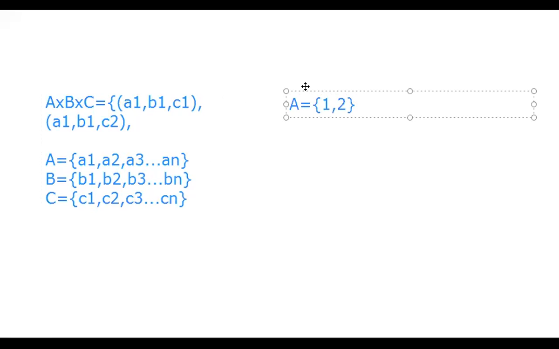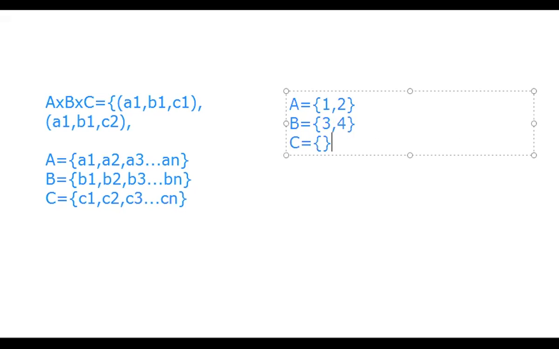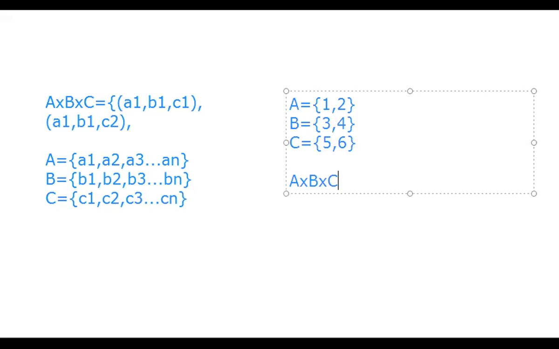Okay, B is set 3 4 आणि C is set 5 6. Okay, now A cross B cross C काय असेल?